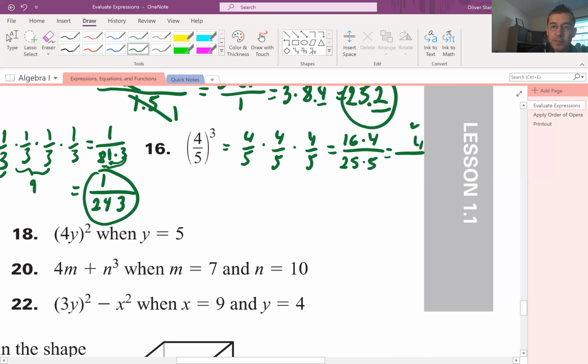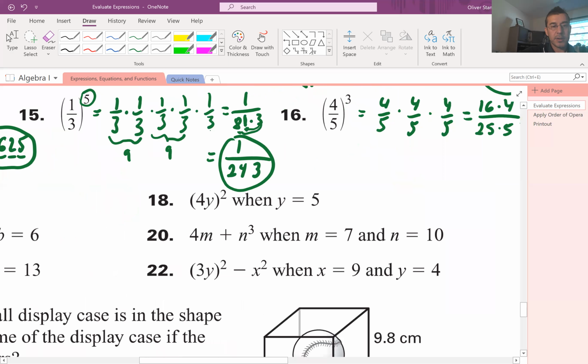Remember, 4 times 1 is 4. And the 2 we remember is 6. So 64 over 5 times 5 is 25. 5 and 2 we remember. 5 times 2 is 10. And the 2, 12. So this is 64 over 125. Okay, so that's the solution for number 16.